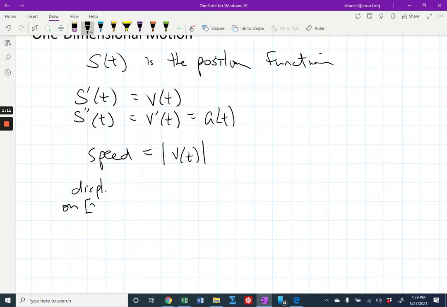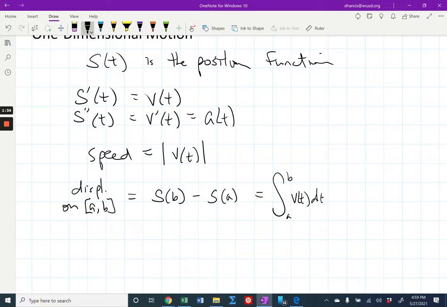So if I want the displacement of an object on the interval from A to B, one way we did that was to just take the difference between S of B and S of A. In other words, find the position where it ends and subtract from it the position where it was at the beginning. We learned later that we could do this with the definite integral, that the definite integral from A to B of the velocity function is the same thing.